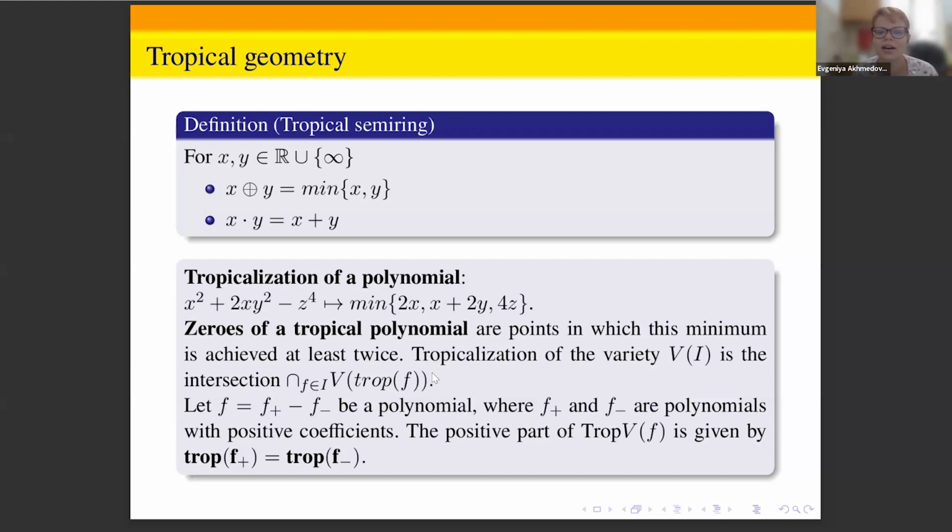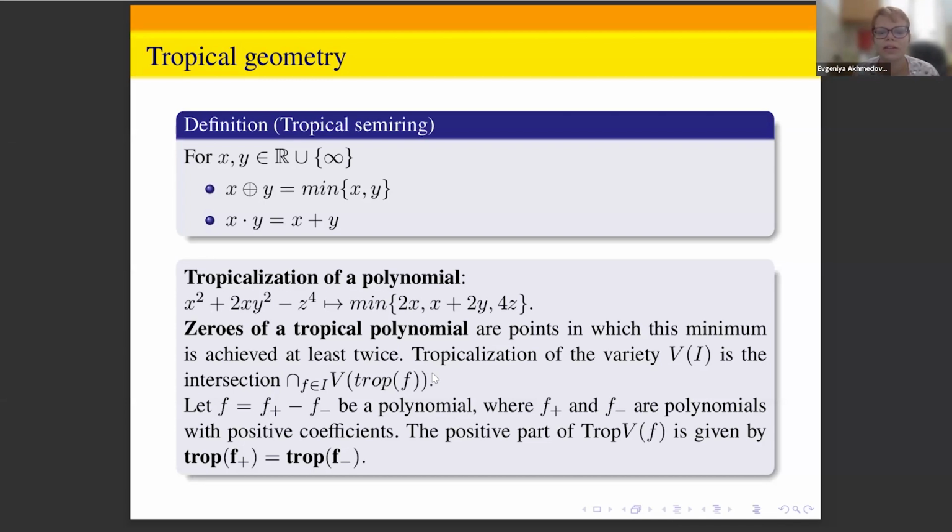And then if we want to tropicalize the whole variety, we need to take the intersection of all the tropical hypersurfaces given by polynomials in the ideal giving us that variety. It is also possible to define a positive part of a tropical hypersurface, but this definition is a bit more tricky.